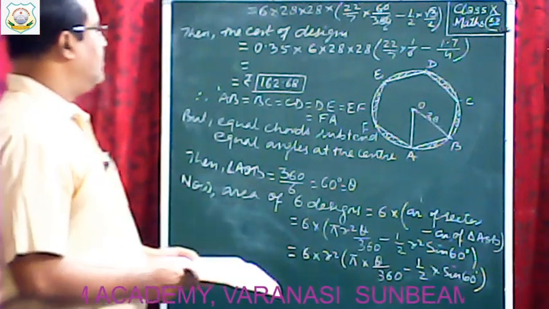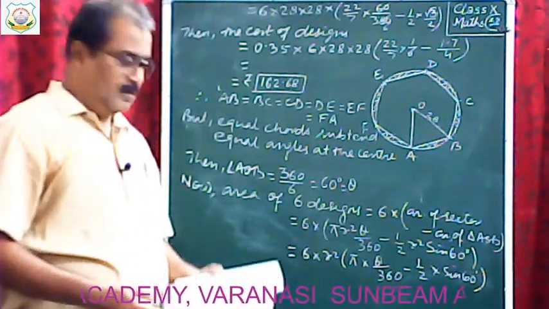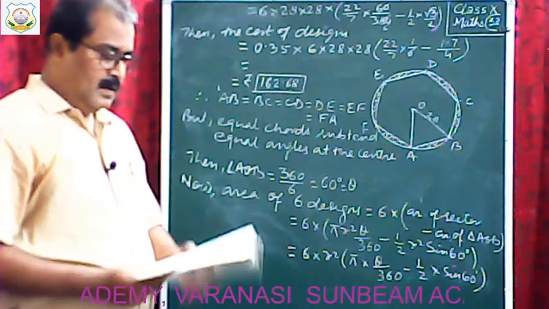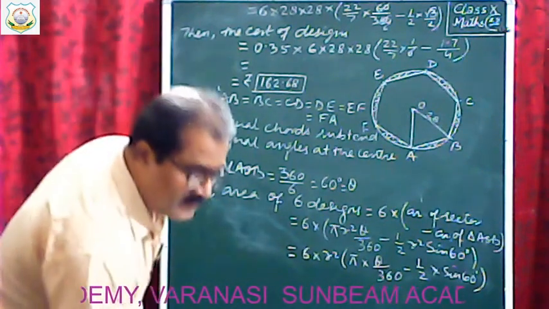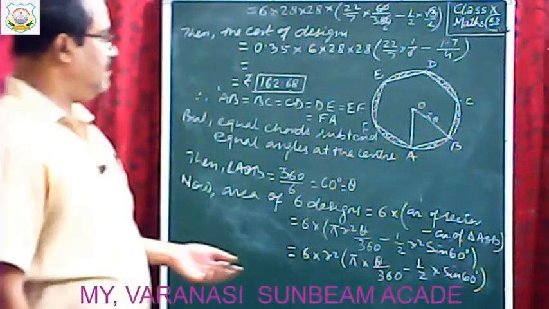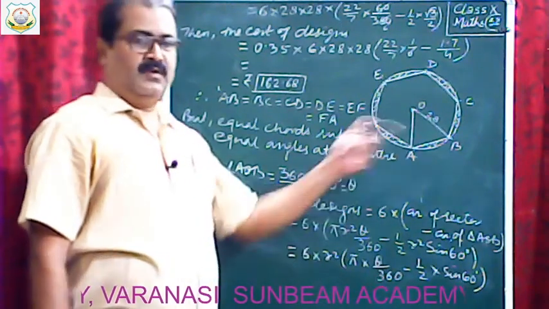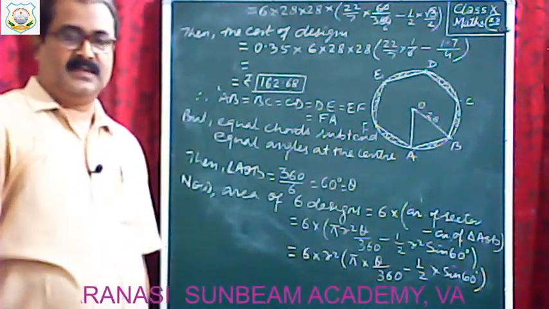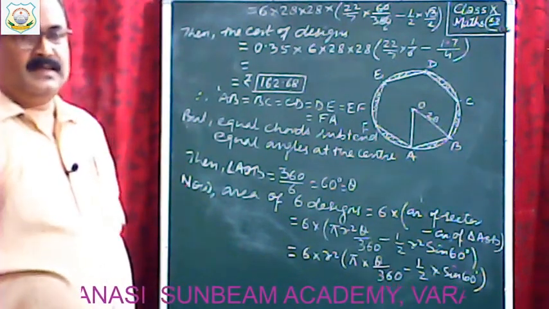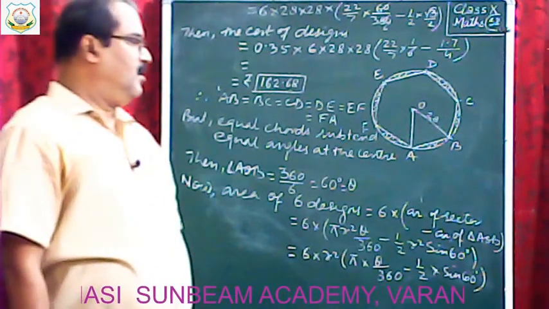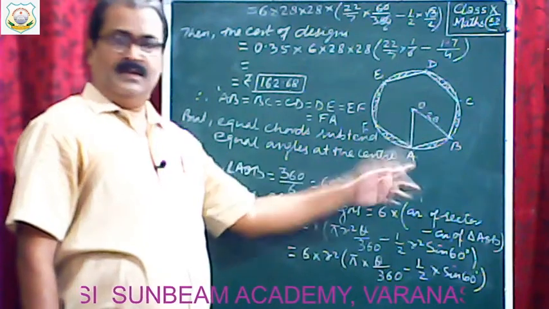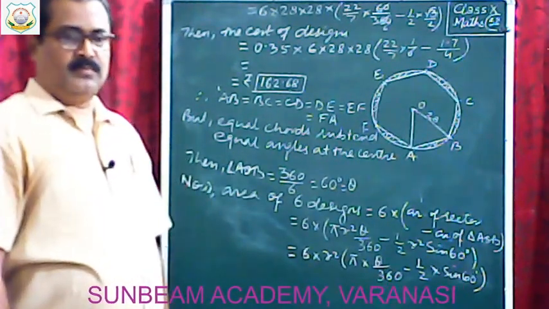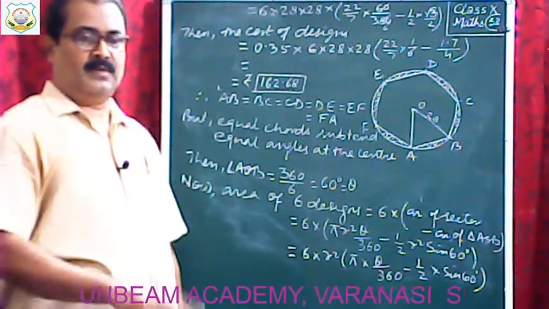So very simple, but long calculation is there. So round table cover, radius given 28 centimeter. There are 6 equal designs. You have to find cost of design. Rate is given rupees 0.35 per centimeter square. The shape of design is segment. You have to find area of segment, and that you have to multiply by 6.